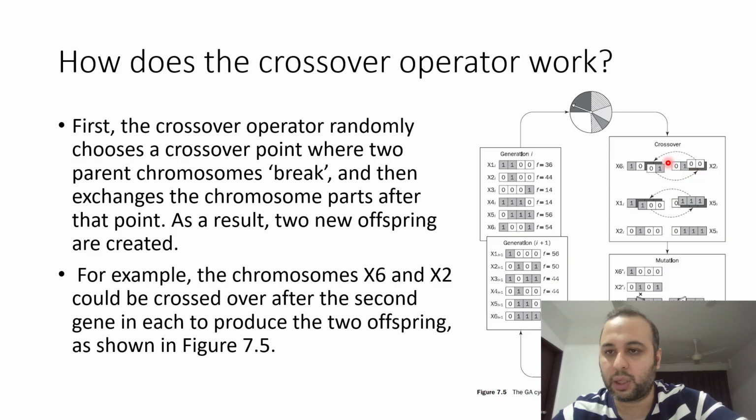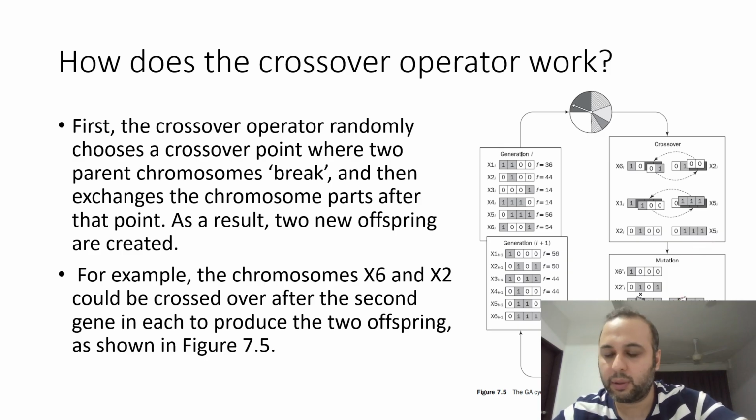So 0, 0 comes to here, and 0, 1 goes to X2, as you can see. So X6 here is different from the X6 in the mutation part. Okay, that's a crossover. Same for X1 and X5, and same for X2 and X5.